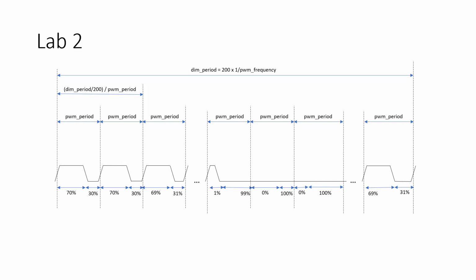So the idea is that you've got the PWM period, and generally speaking, the PWM period is going to have the same duty cycle for a lot of periods before it changes, but it will eventually change. For example, in this case I'm showing it's 70% on, 70% on, and then in this third period it switches to 69% on, and then 31% off, and it continues to go down from there until eventually it reaches 1% on, 99% off, 0% on, 100% off, 0% on, 100% off, right?